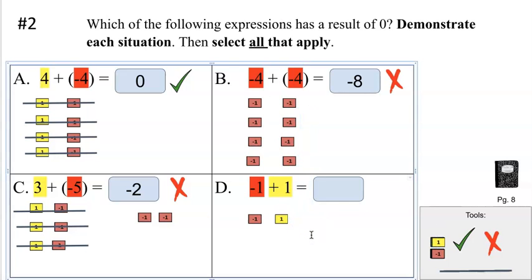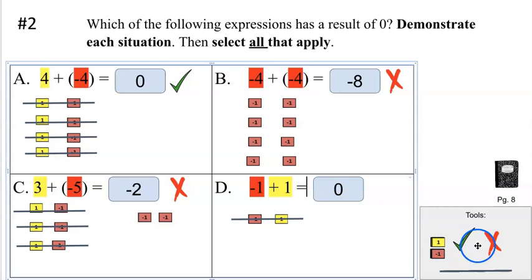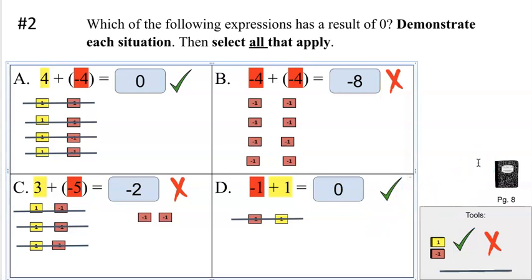Okay, and wow, yes, you can make a zero pair. And here we go. And we don't have anything left. So here we find another zero. So that's what we needed. So we're gonna go ahead and put a check here, because this problem was asking us to select all that apply. We were looking for anything that made a result a zero.